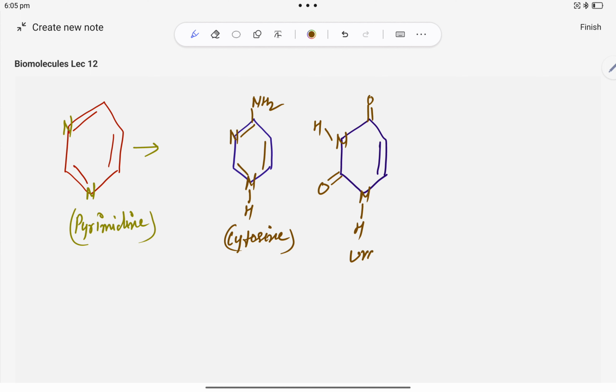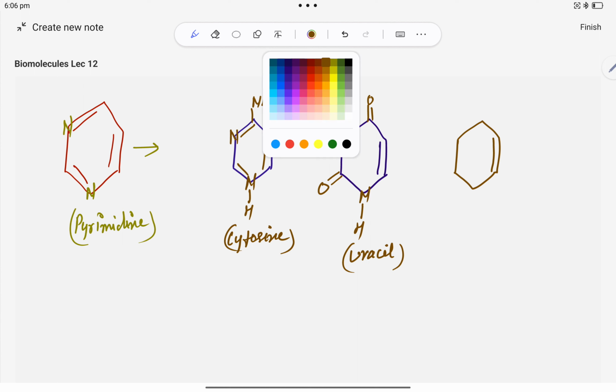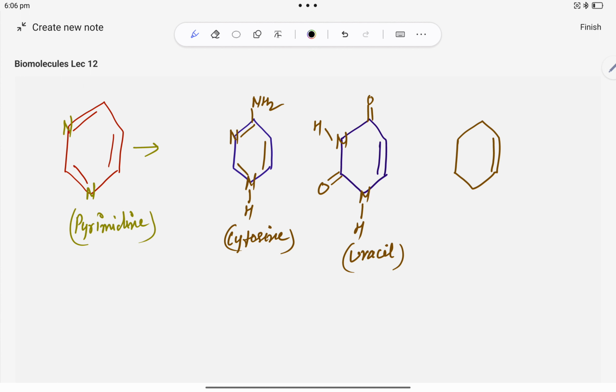Uracil. This is the second one in the case of pyrimidine. Now, third and last nitrogenous base. Here CH3 is attached. Here nitrogen with hydrogen. Here double bond oxygen. Here hydrogen, and that is thymine.